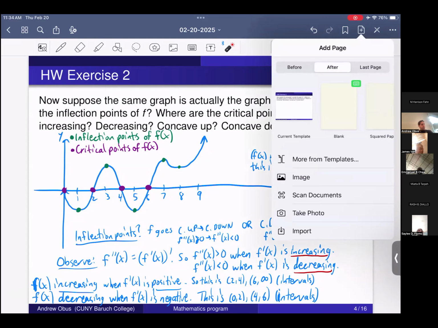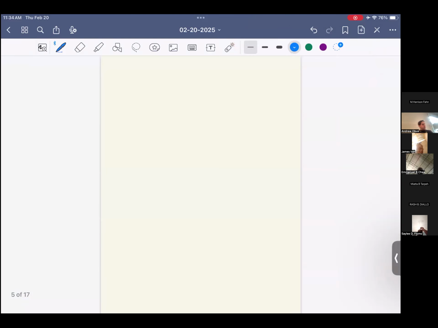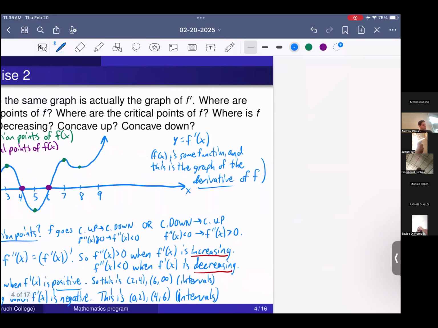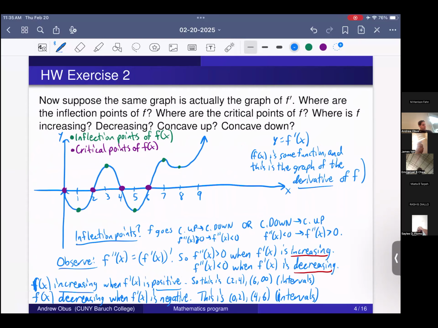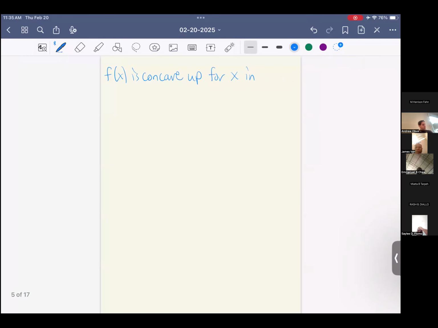So I'm just going to add an extra sheet where I write this. So f of x is concave up for x in 1 to 3, 5 to 7, and 8 to infinity.